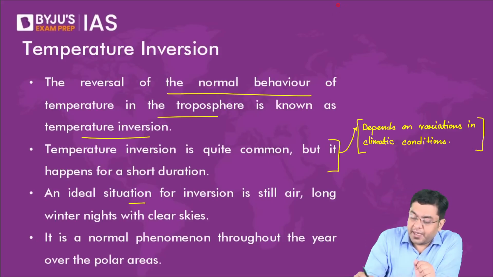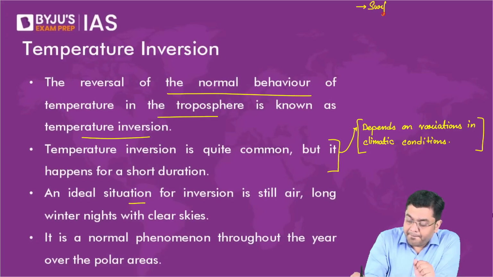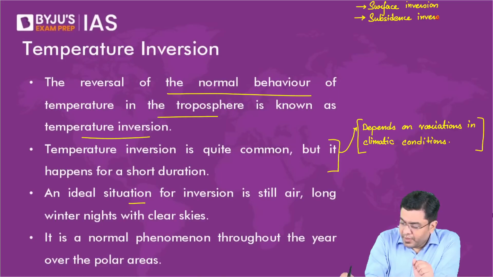So you have various different types. That is surface inversion. Then you have what is referred to as subsidence inversion. Then you have frontal inversion. Then you have valley inversion.